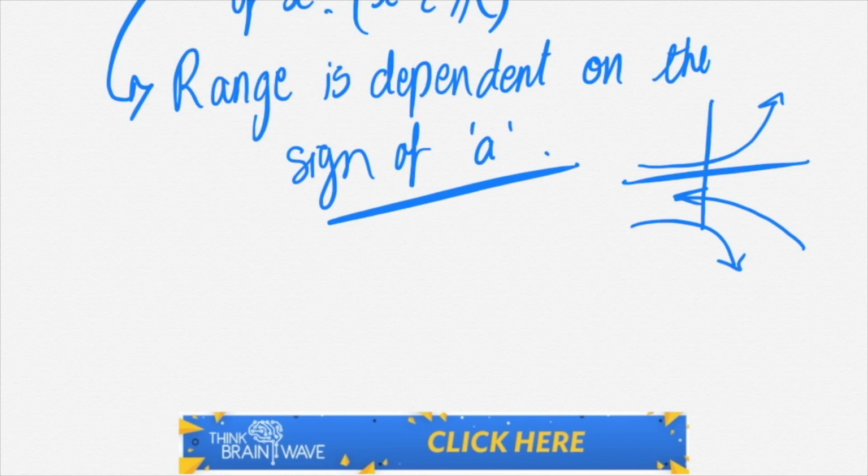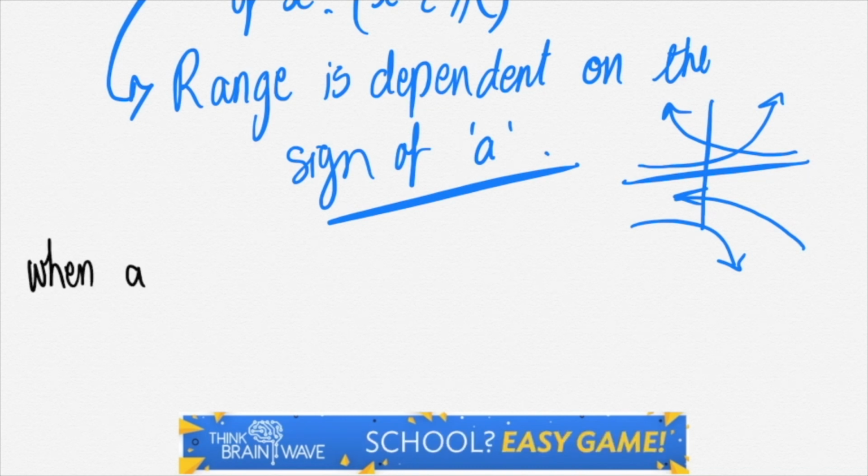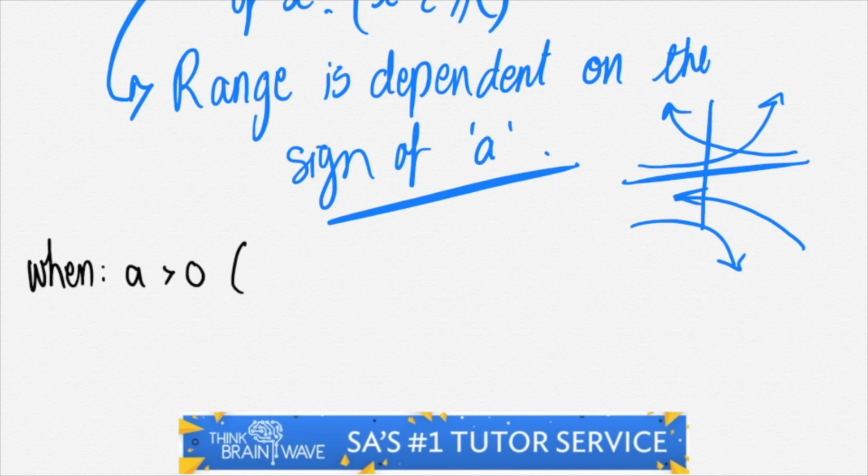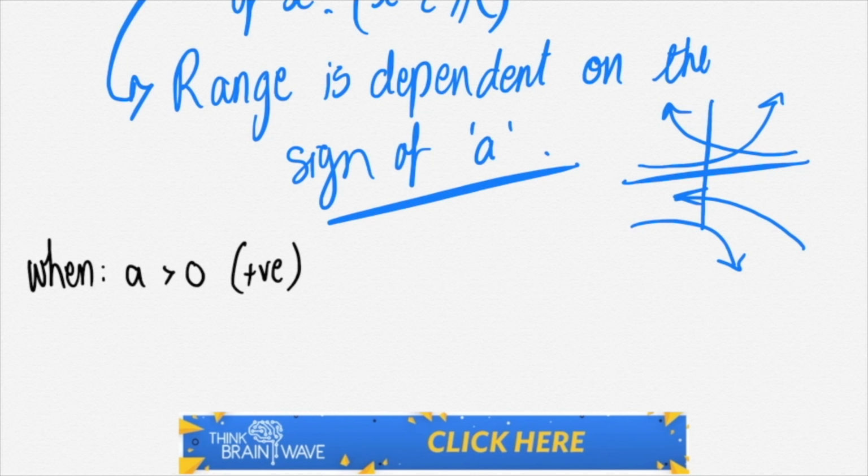So if you have a negative a or a positive a, the range will vary accordingly, because you'll either be in the second or the fourth quadrant, or the first and the third quadrant. Now we've got a greater than naught, meaning it's positive.